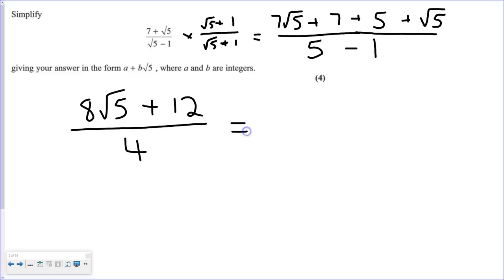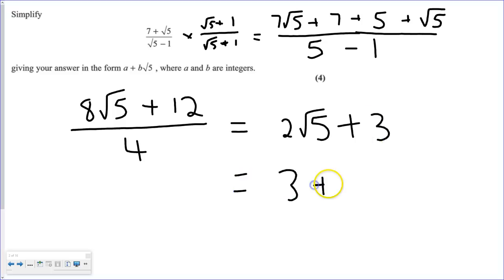All that's left to do is divide the 8 and the 12 both by 4, because 4 goes into both of those. So 8 divided by 4 is just 2, so I'm left with 2 root 5. And 12 divided by 4 is just 3. Or if you like, that's the same as 3 plus 2 root 5.